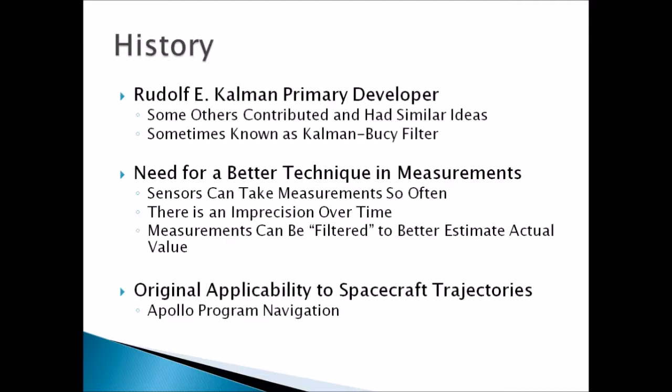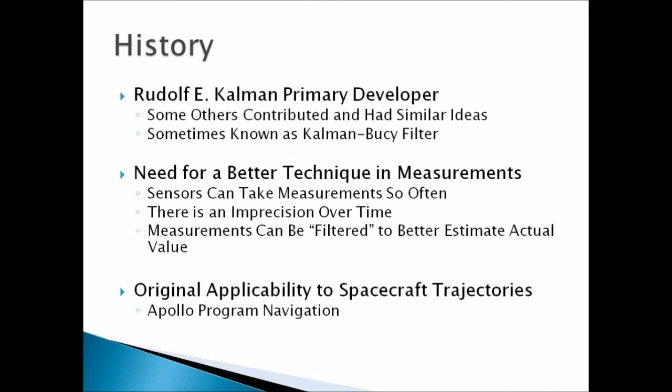For instance, you might have a chart that goes wildly up and down and is not very centered on a continuous measurement, but if you filter it, you'll have a much smoother curve, and you can estimate future data points and even current data points a lot better if you smooth out that issue in the measurement.